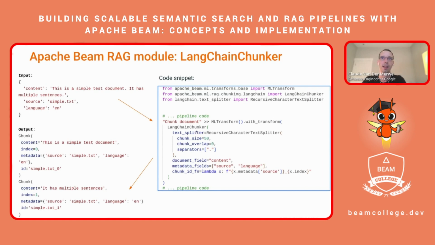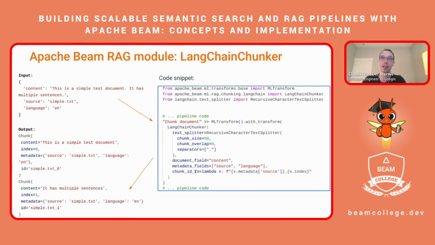Next, we configure the LangChain chunker to split our text into 50 character chunks separated by periods. So this will try to keep natural sentence barriers. The field in our original input that we want to chunk on is content, and the fields we want to treat as metadata are the source and language.